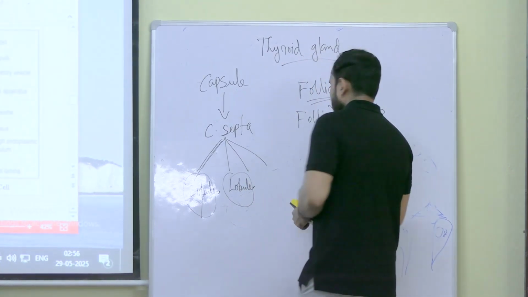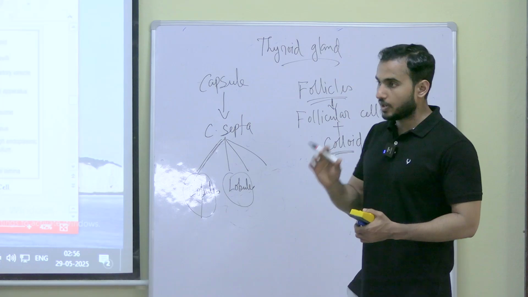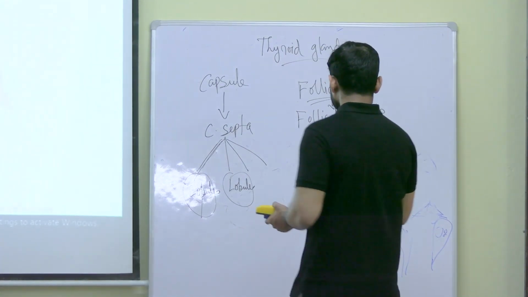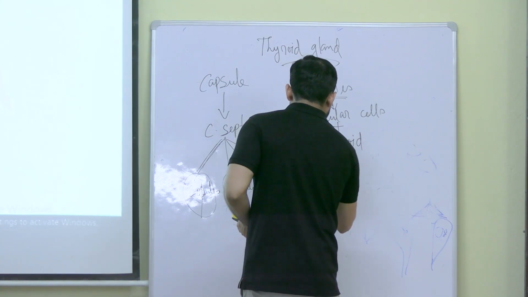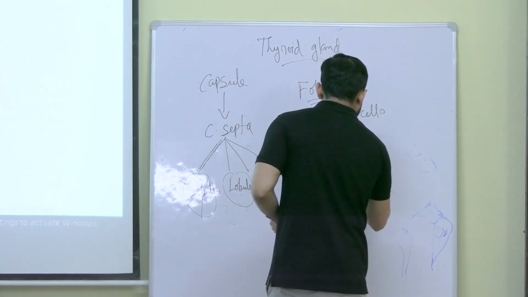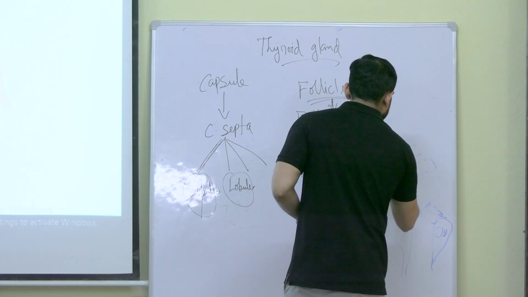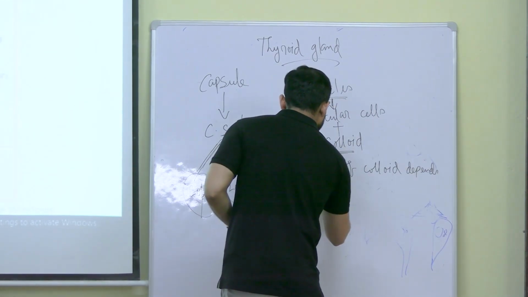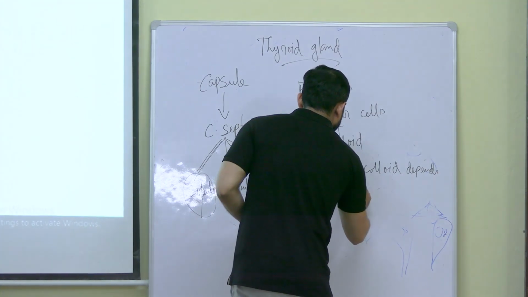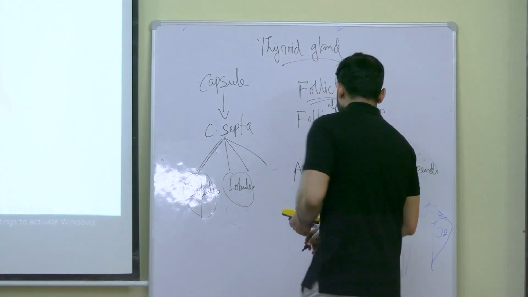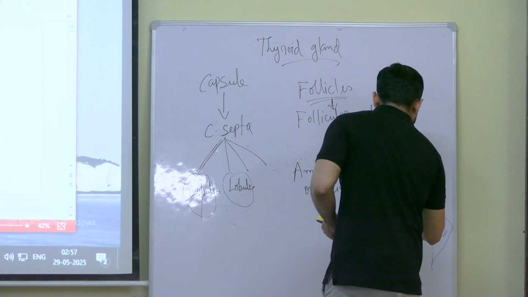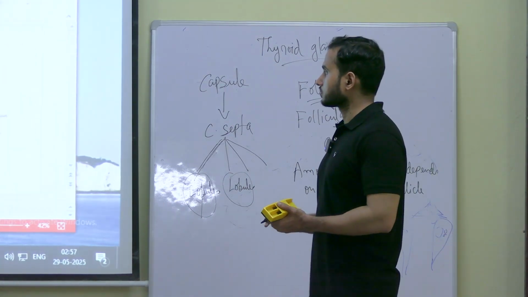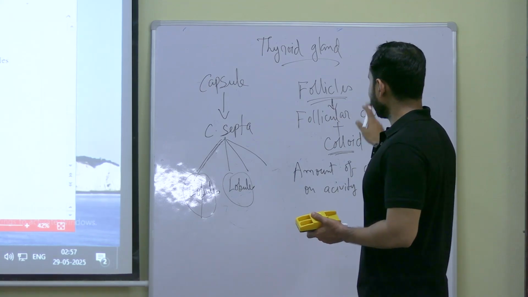Now, what I have mentioned about the colloid: the amount of colloid depends on the activity of the follicle. Okay, so follicular cells are there.